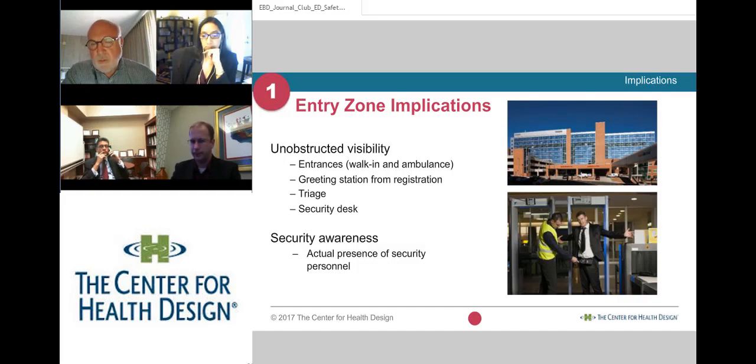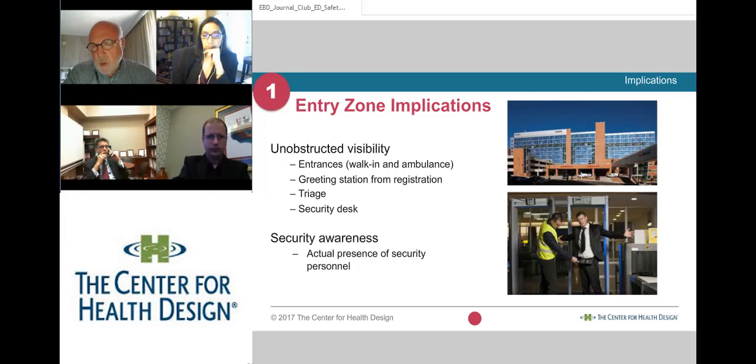Coupled with that is the awareness of security, and we've all been through many debates with owners about how you handle this awareness, this presence, the actual visibility of security elements of the design. So you have to deal with that with every potential hospital client as to how important that is to them.